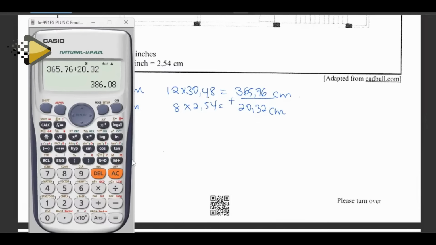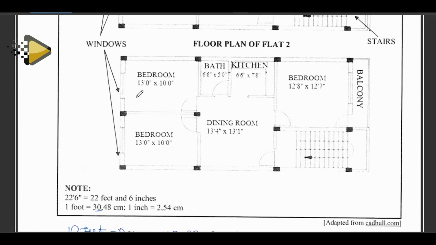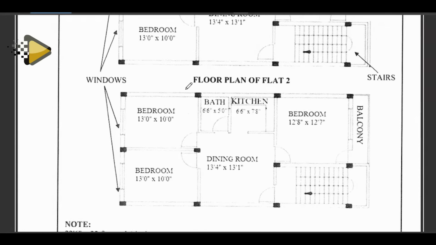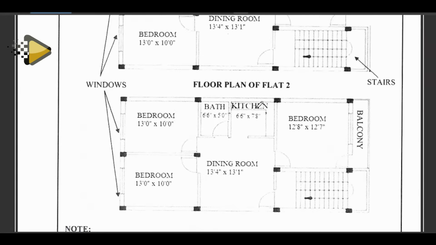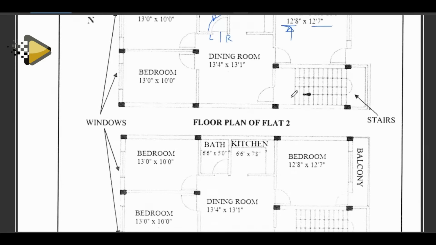The answer becomes 386,08. These are all centimeters. So this is the dimension of the longest side in centimeters of the living room. Yeah, this is the living room, not the dining room.